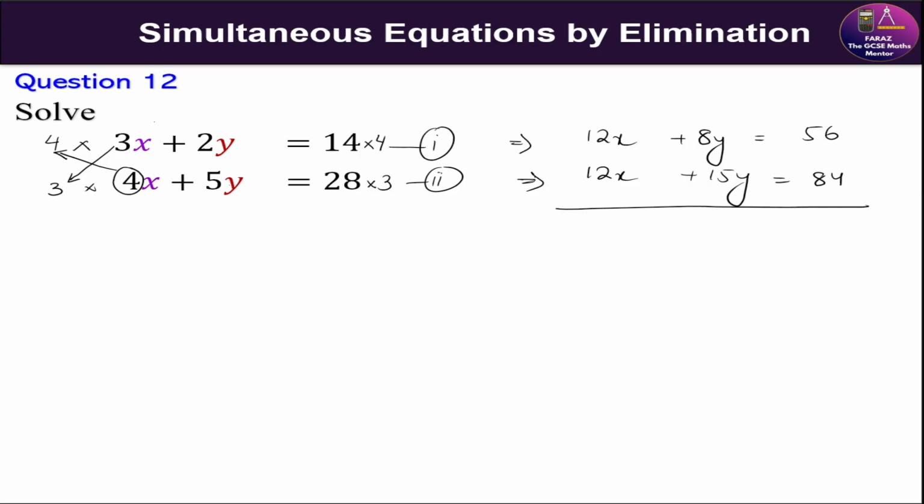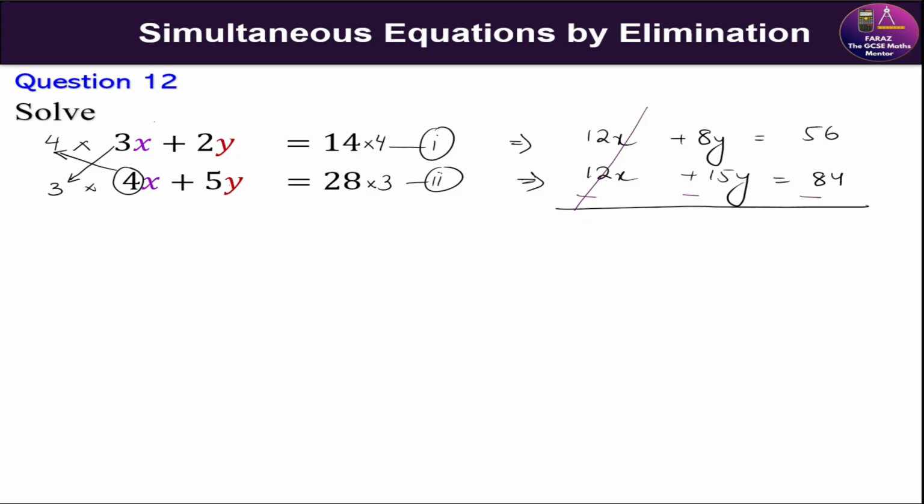Now here we can do elimination by means of subtraction, because if you do addition here, 12x and 12x would become 24x. So that's why we have to change the sign of the second equation. So it will become minus there, minus there, minus there, and 12x minus 12x is 0x, and then we have to write 8y. It is negative 15y now.